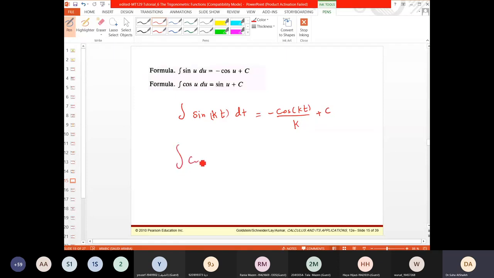And the integration of cosine, whenever I have it like cosine kt dt, is equal to sine of kt over k plus c. What's the k? It is the derivative of the function inside.